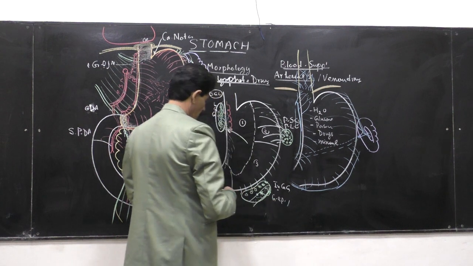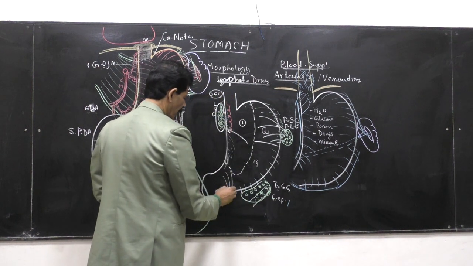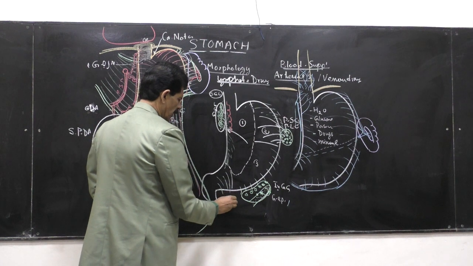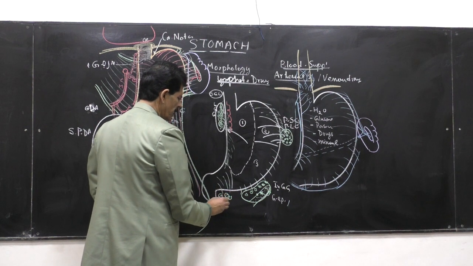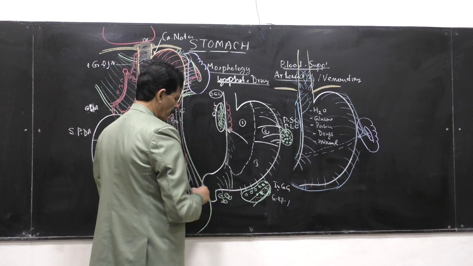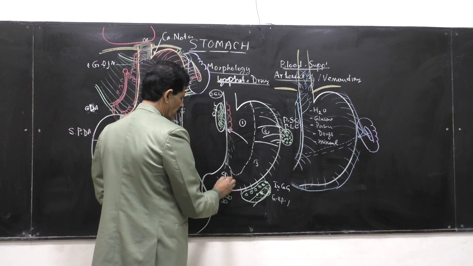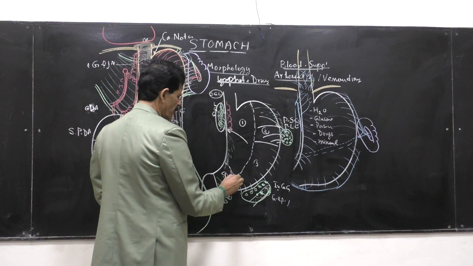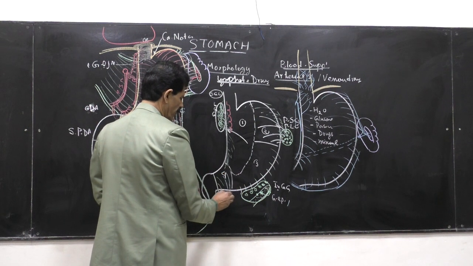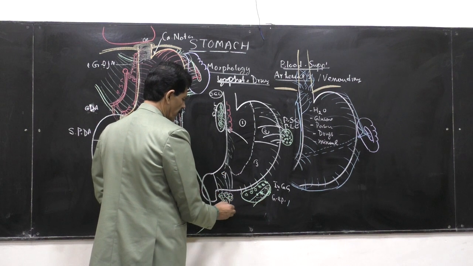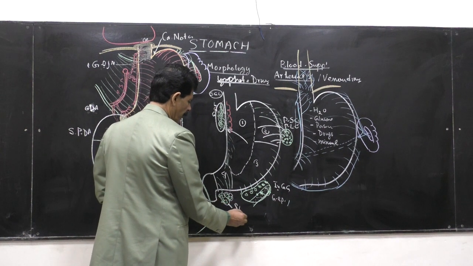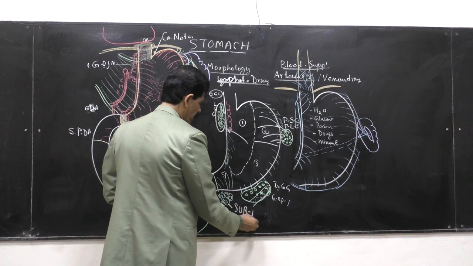And a few lymph nodes from the pylorus are present just below the pylorus, so they are called the subpyloric group. So this is the 4th group. So the stomach is divided into 4 parts having different drainage areas.